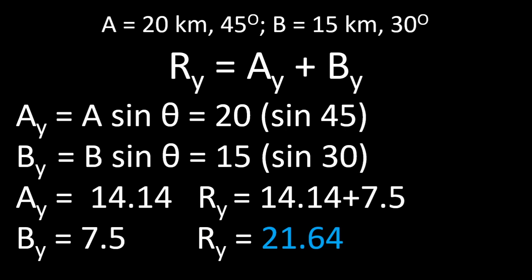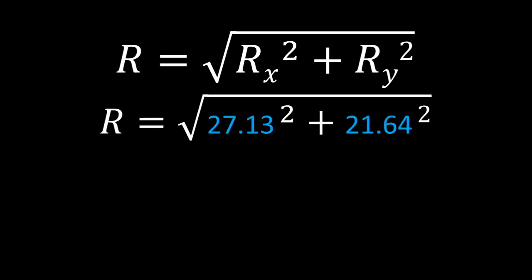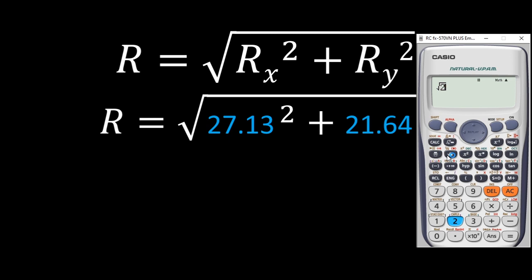We will use this later in the next computation. Now we use the Pythagorean theorem to compute the resultant vector. We substitute Rx and Ry with 27.13 and 21.64. Let's compute the square root of 27.13 squared plus 21.64 squared. So it's 34.70.